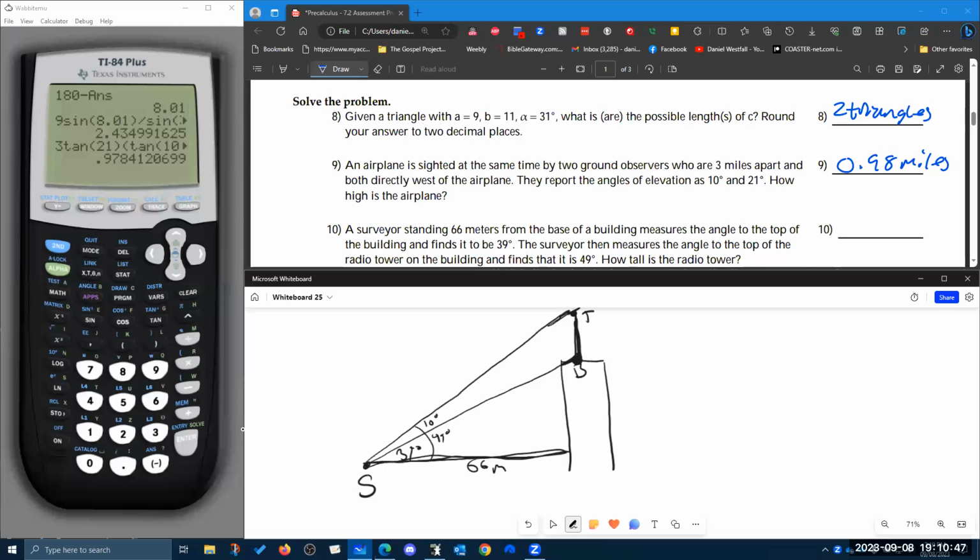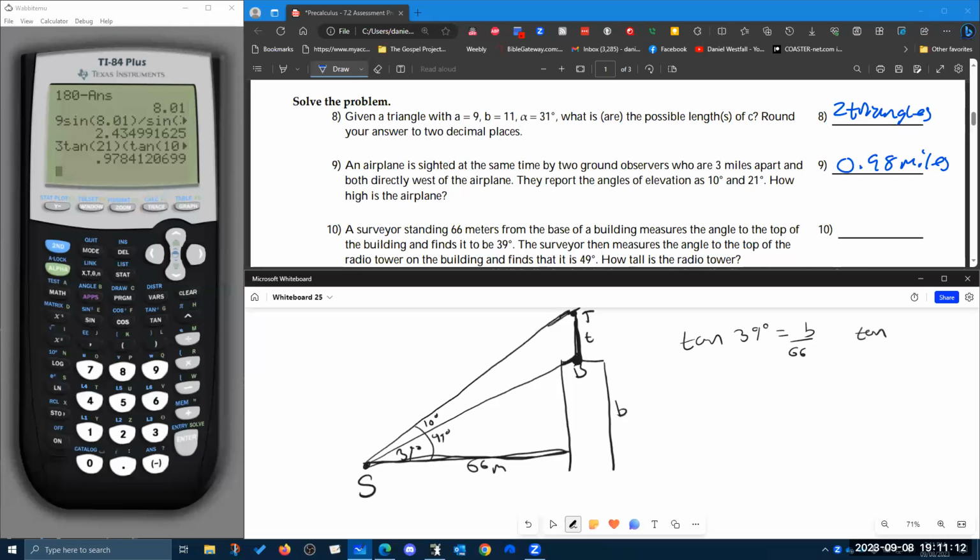We want to find the height of the radio tower. Let's call the height of the tower T and the height of the building B. Tangent of 39 degrees is equal to B over 66.